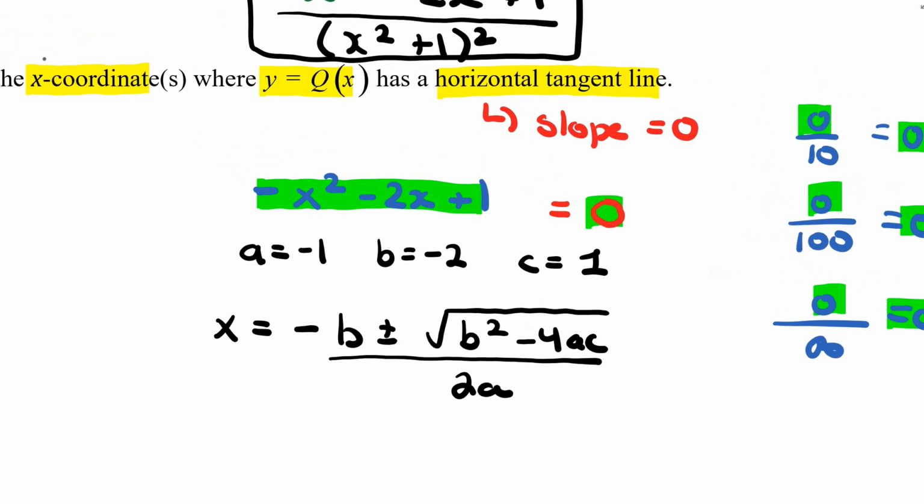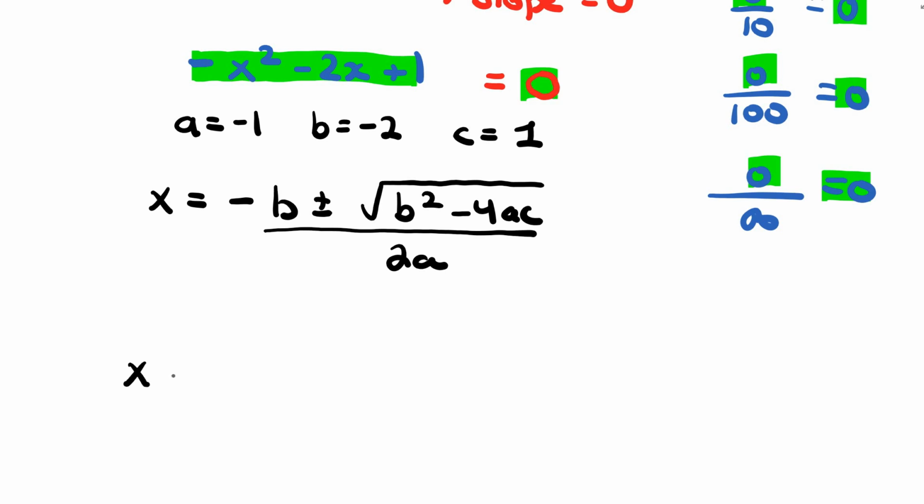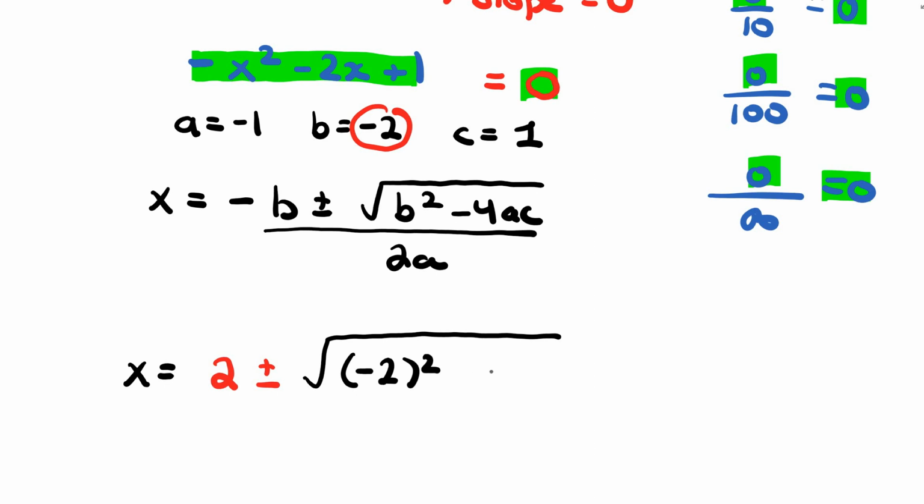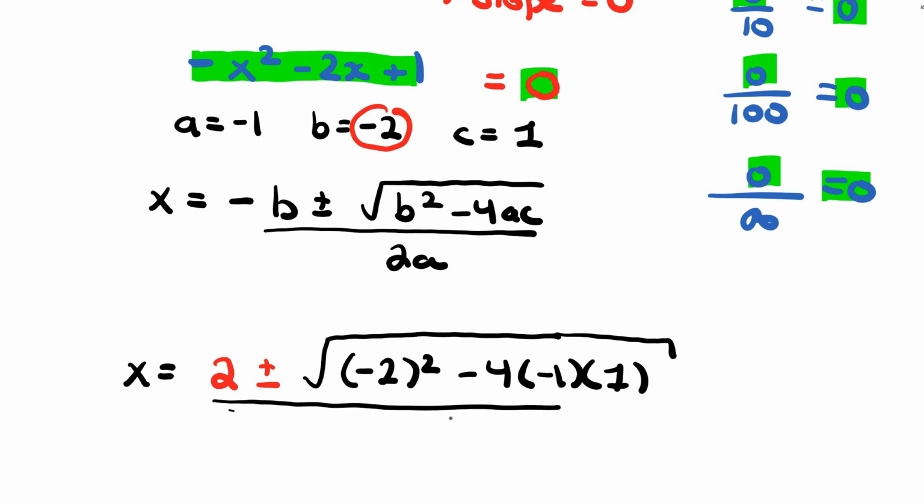The good news is I just want to find the x coordinates for this particular case. All right, so let's go ahead and do this. x equals, well, I have a -2 here, so that's going to be 2 plus or minus the square root of b squared, which is -2 squared, minus 4 times a times c, all divided by 2 times a, which is -1.